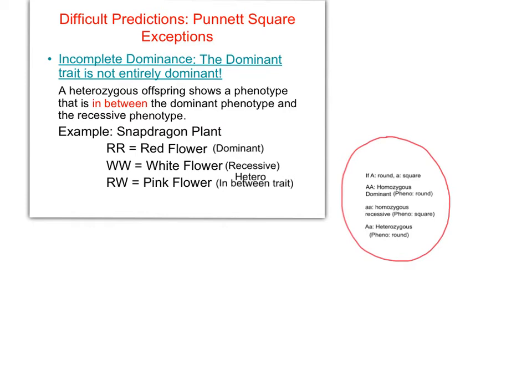The heterozygous, two different alleles, R and W, produces a pink flower. That is the in-between trait. Red is dominant, white is recessive. The in-between red and white is going to be pink. So again, incomplete is in between.